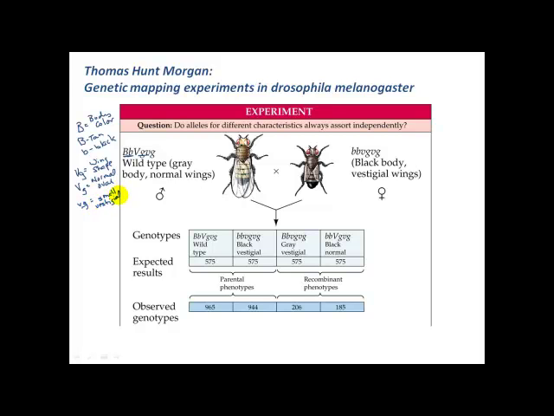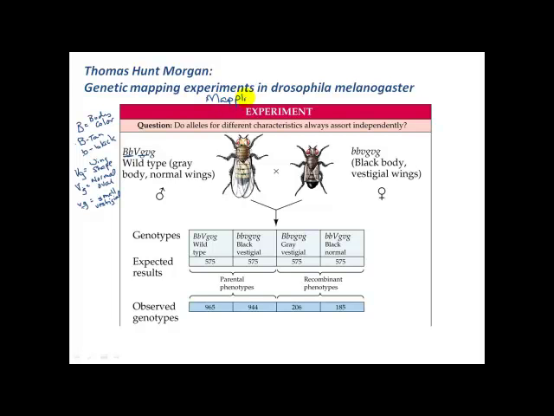So that's the two genes that we're looking at, the B gene versus the VG gene, two alleles at each, one dominant over the other. So tan dominant over black, normal oval dominant over vestigial. All right, so these are the two parent flies that we are starting with in our mapping test cross.